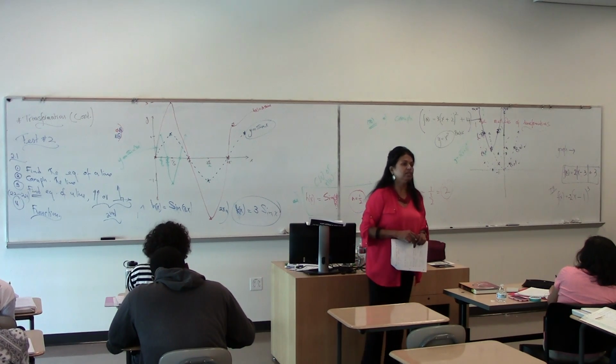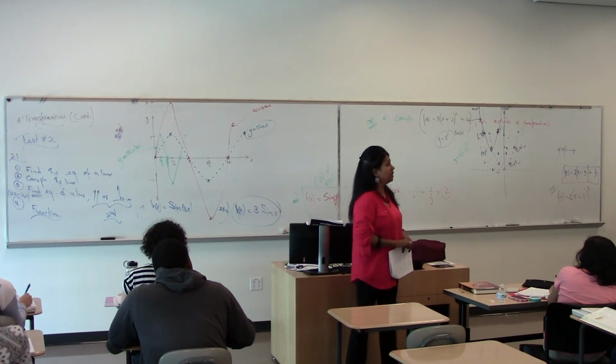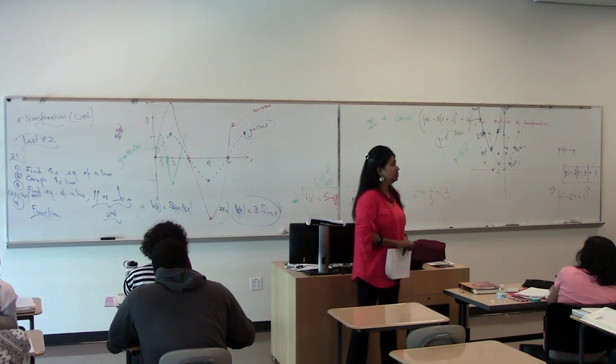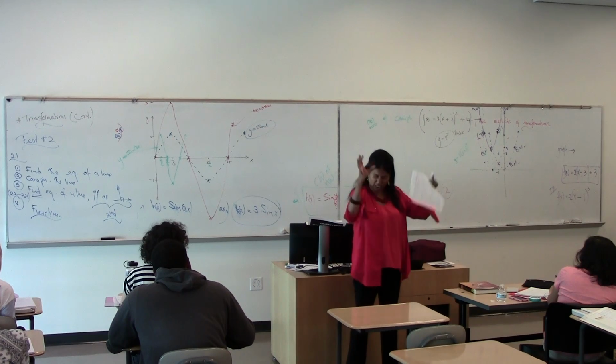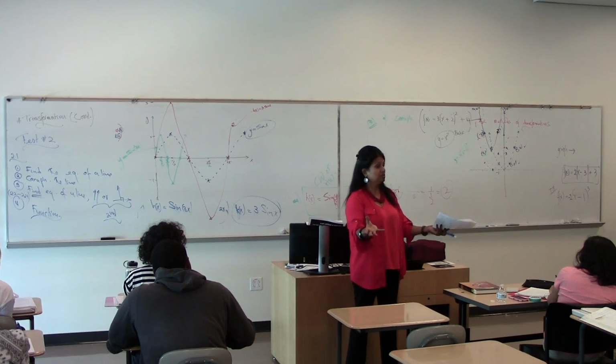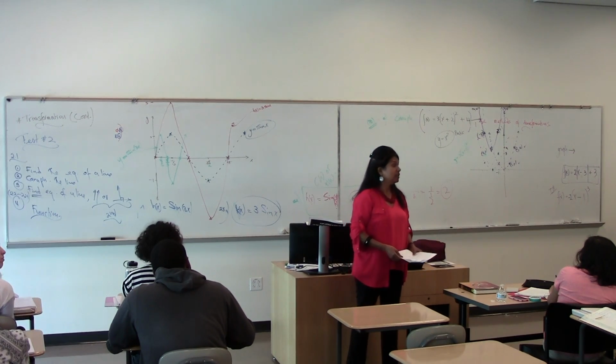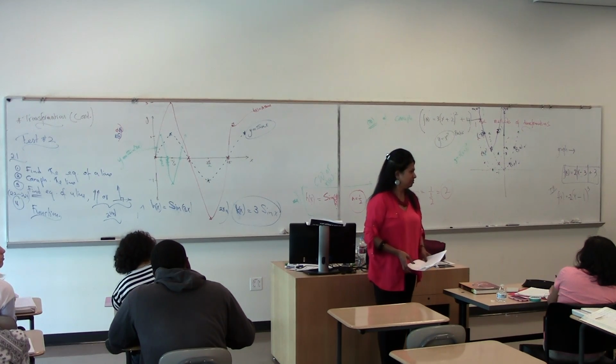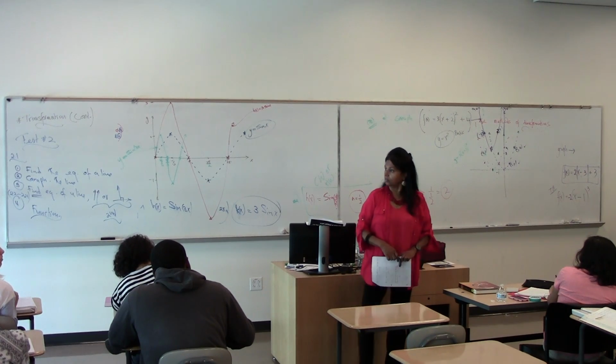You look at the arrow diagram, and I can also tell you guys to create an arrow diagram with two sets of numbers that is a function. Are you guys following?